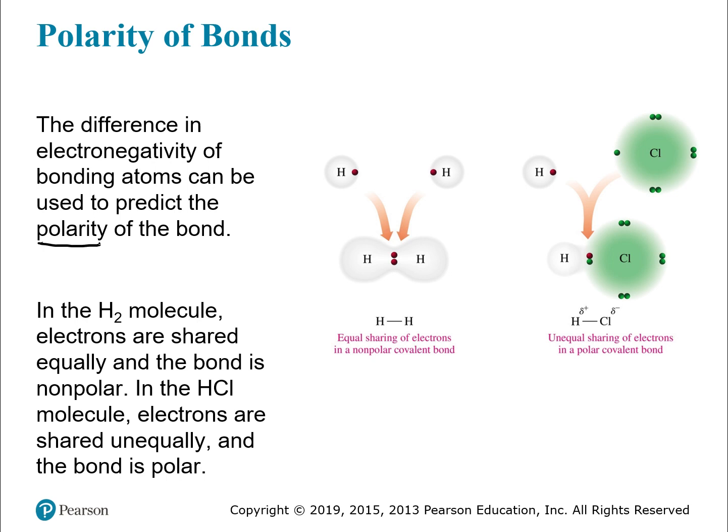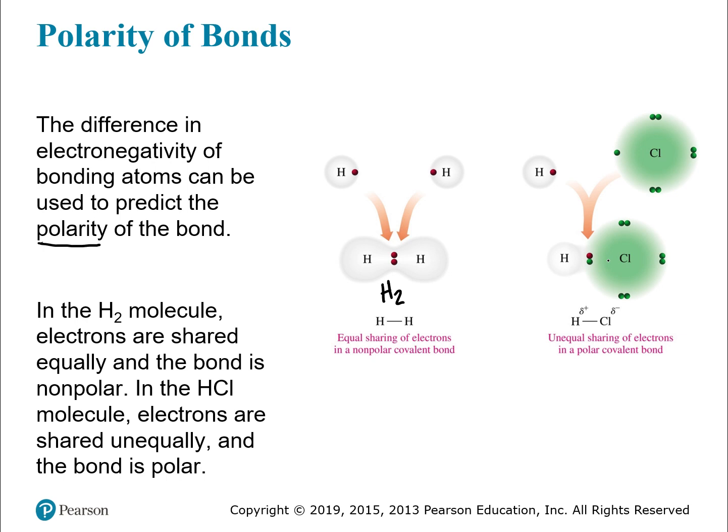For example, we've got this hydrogen molecule, H2. These two atoms that come together to form this molecule are the same thing, so they're sharing electrons equally. We can figure out that they have a nonpolar covalent bond using the electronegativity table that I showed you before, and I'll show you how that works.